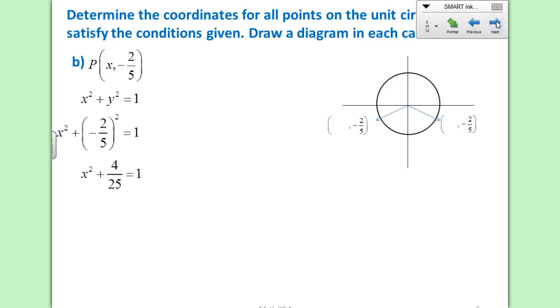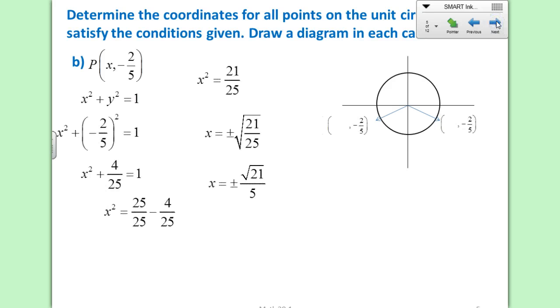I do Pythagoras' theorem, and once again, I come up with x could be plus or minus root 21 over 5. So the two points that exist are minus root 21 over 5 and positive root 21 over 5 in terms of places on the unit circle, right?